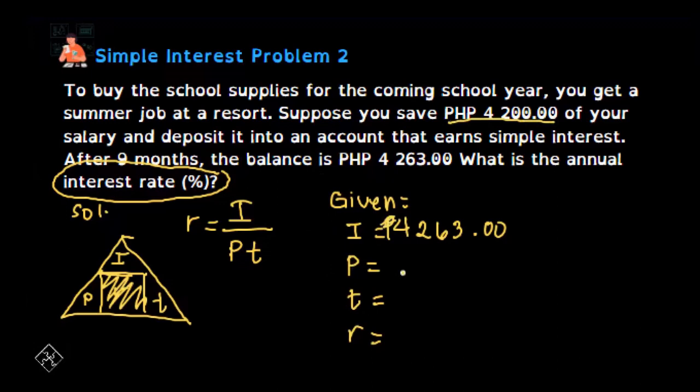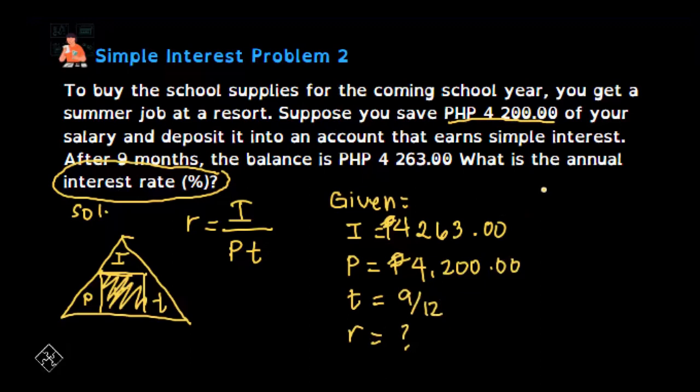So 4,200 pesos. The time is 9 months. So 9 months over 12. Okay? Since 12 months ang meron sa isang taon. Then rate is that is what we are looking for.